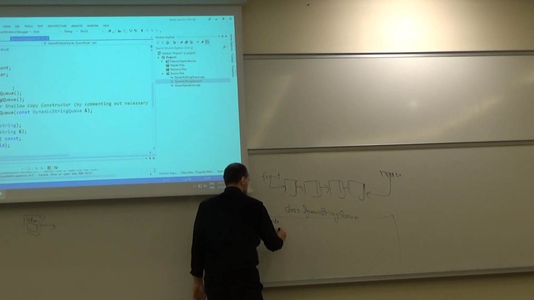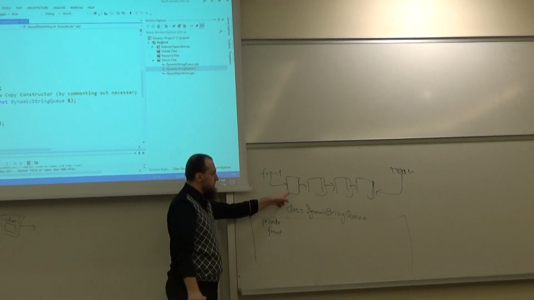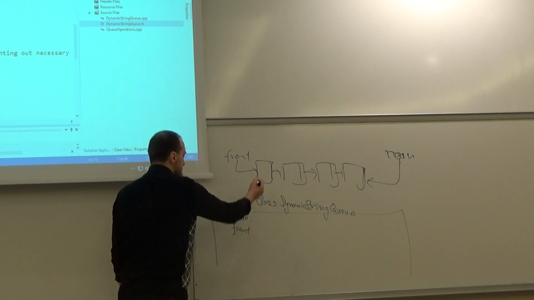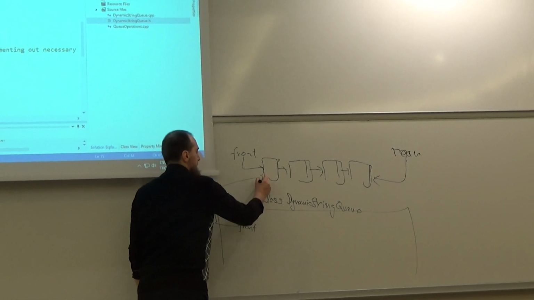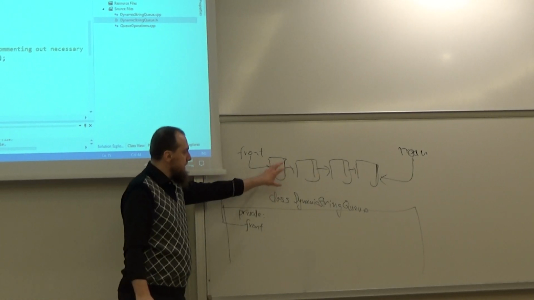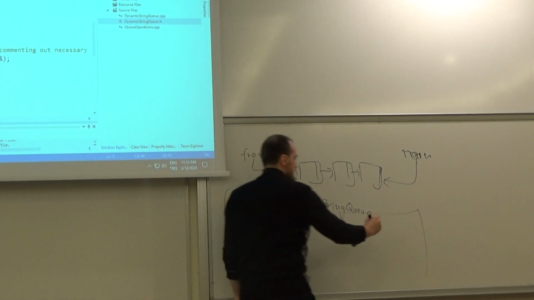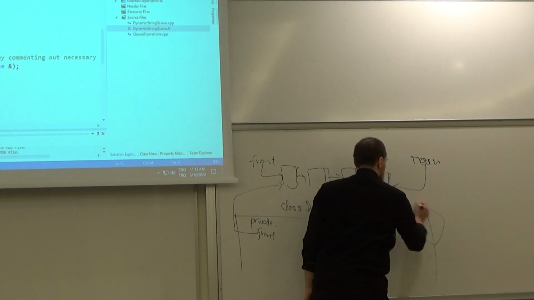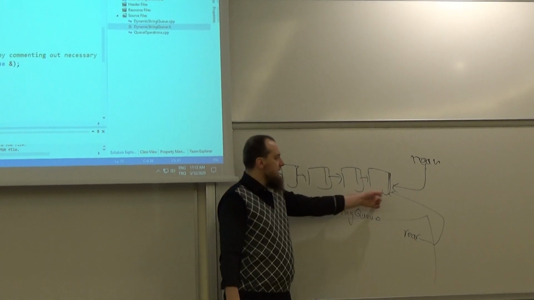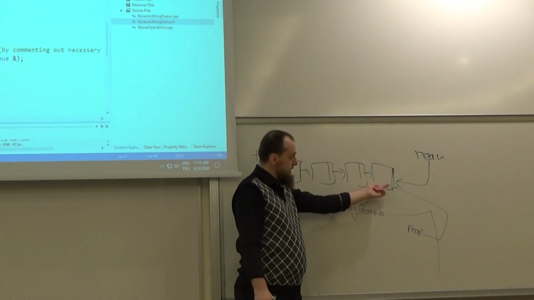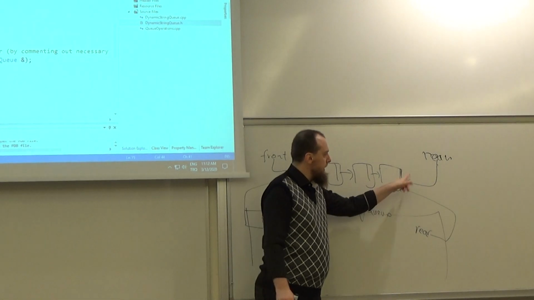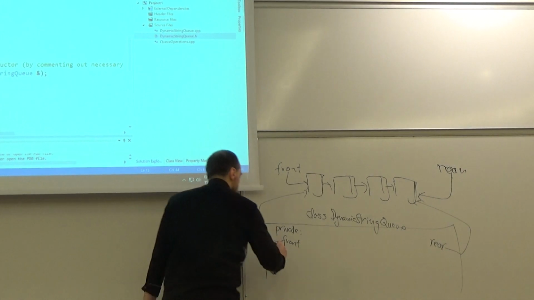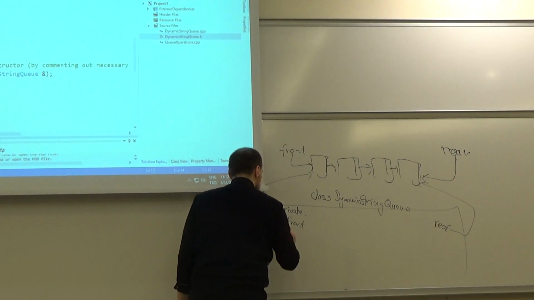In our data structure, we just keep the pointers to the front and the rear of the nodes of this queue. Front points to the first element that we should take, and rear is a pointer that points to the last element that entered the queue, the last node that entered the queue. We add from the rear, and we take from the front. So this is my private data.